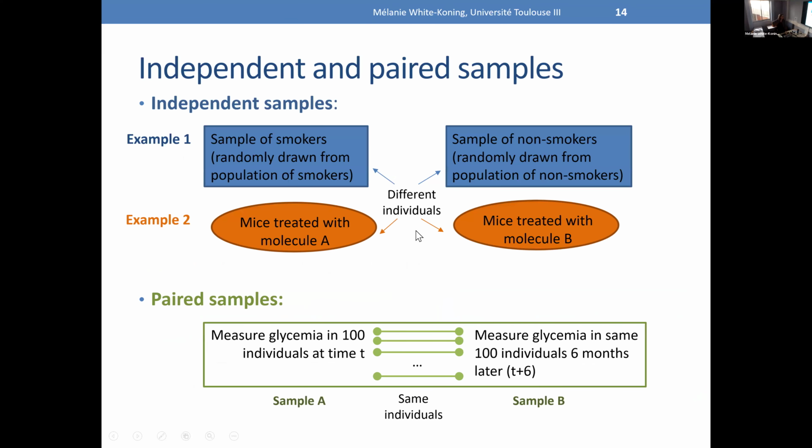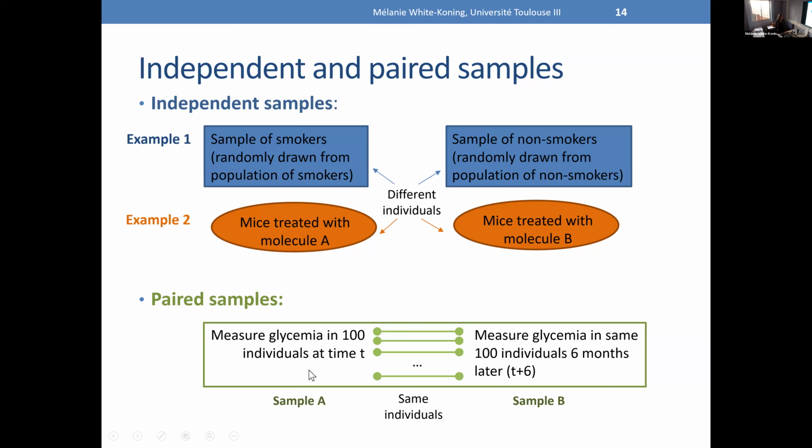So if I give some examples, if we have a sample of smokers randomly drawn from a population of smokers and a sample of non-smokers randomly drawn from a population of non-smokers, then these two samples are independent because you can change during your lifetime, but at one moment in time, you're either a smoker or a non-smoker, okay? And if we have some mice treated with a molecule A and some different mice treated with a molecule B, we have independent samples.